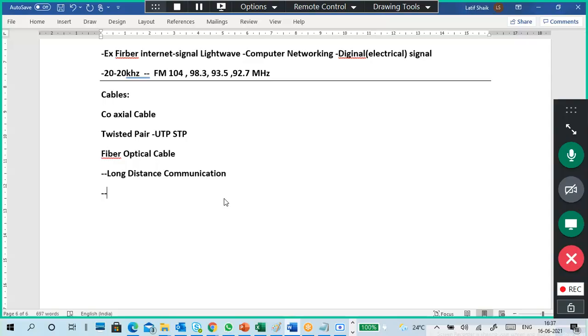Usually there is an interview question. I said I will ask one question, find out the question. From where are we getting internet, how are we connected to internet?